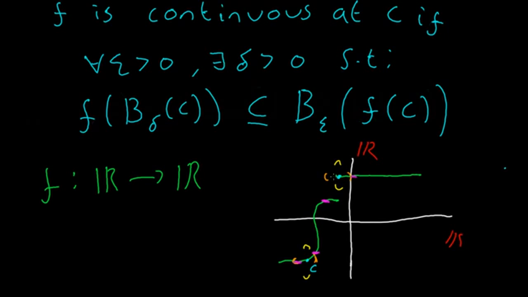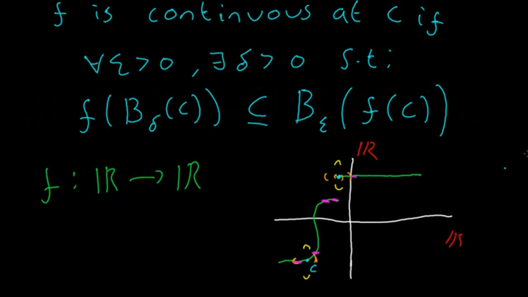And no matter how small we make this orange ball, it's still going to contain points that are outside the scope of this yellow ball. Even if this orange ball was really super tiny around the point, it's still going to contain at least one point from down here. So it's never going to fit inside this yellow ball. And this really is what we mean when we say it's discontinuous at a point.